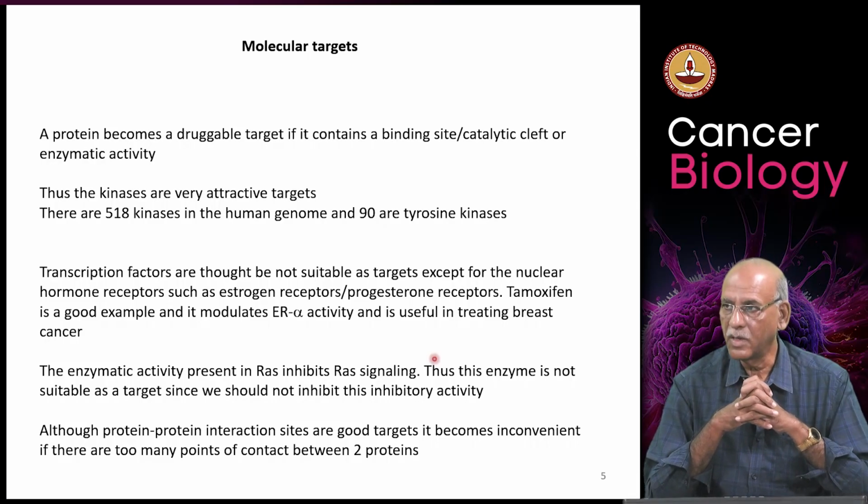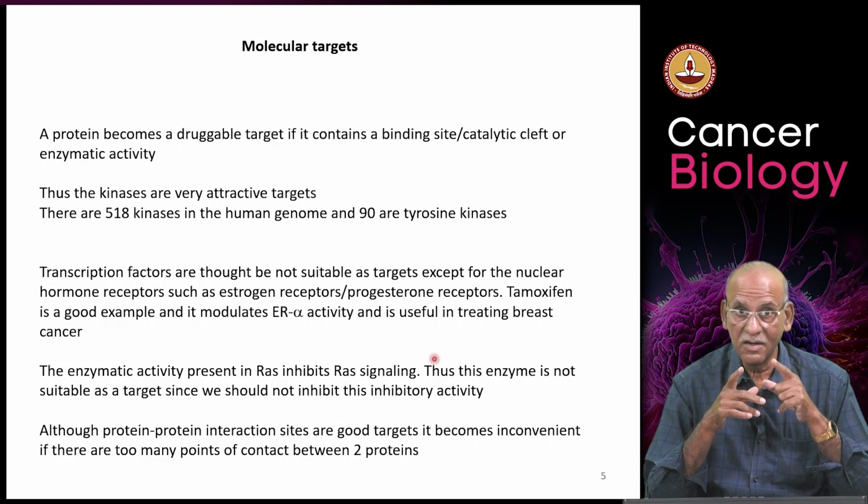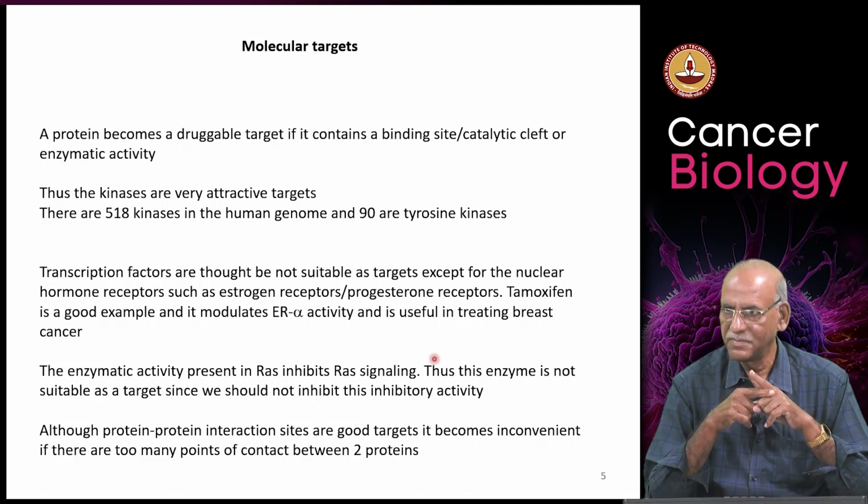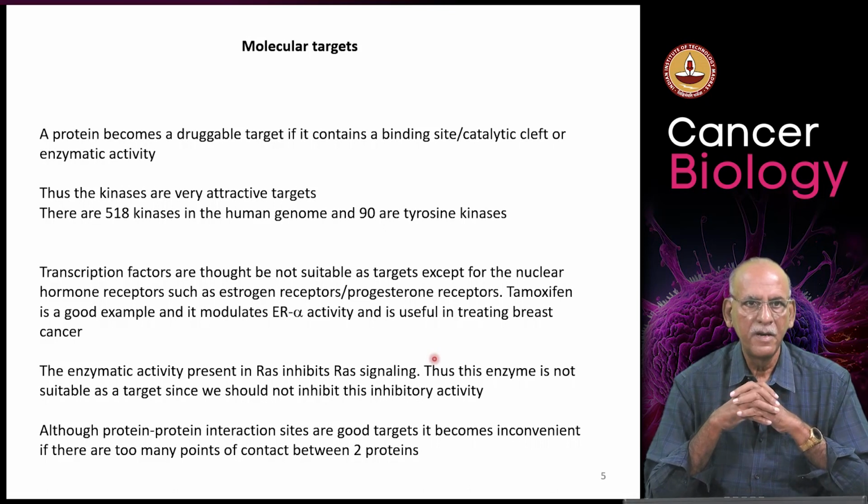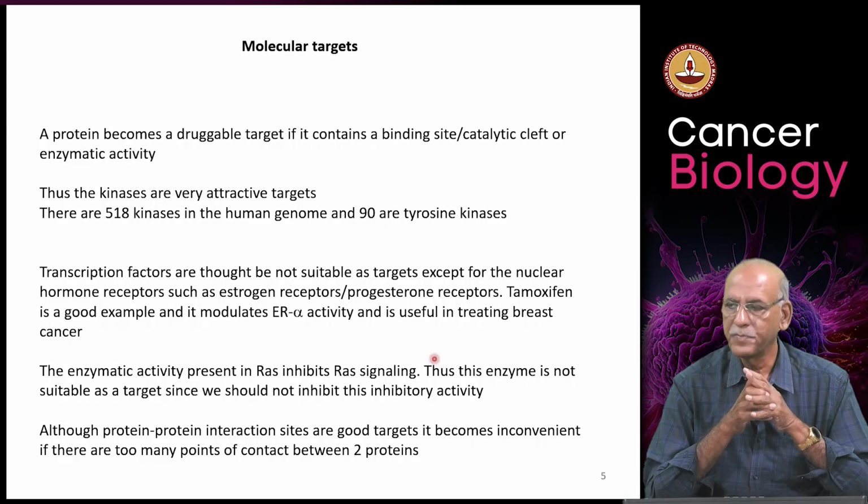They can be a good target, but otherwise transcription factors may not be, because these receptors are also acting as transcription factors. That is why we are talking about it. Tamoxifen is a good example; it modulates estrogen receptor alpha activity and is useful in treating breast cancer.